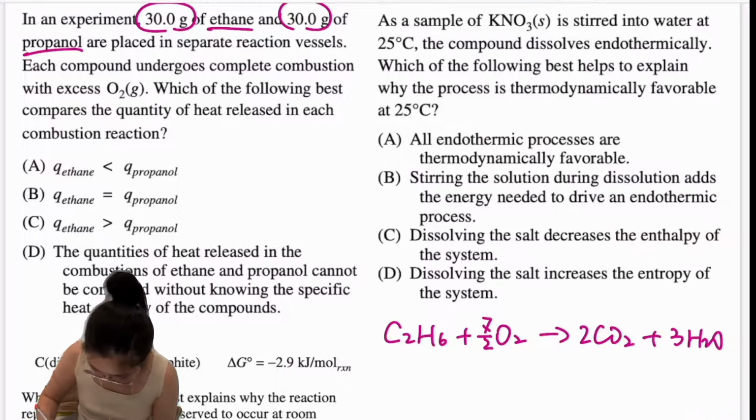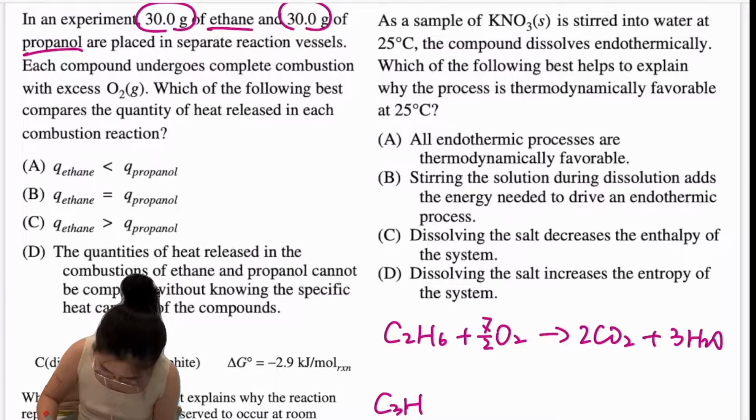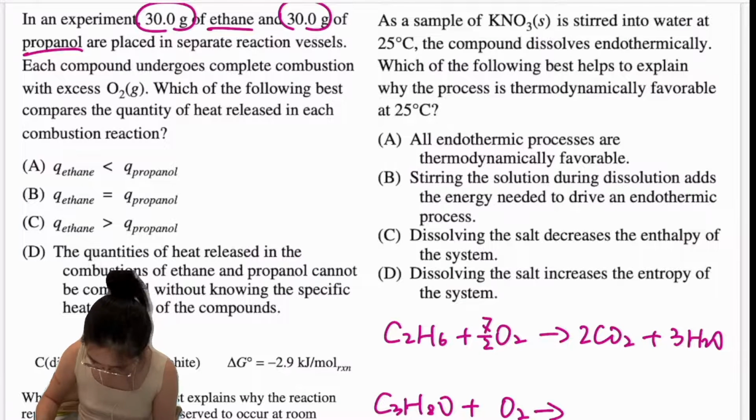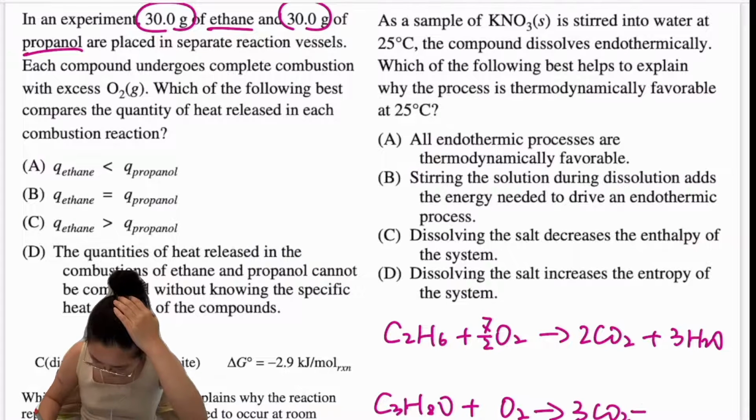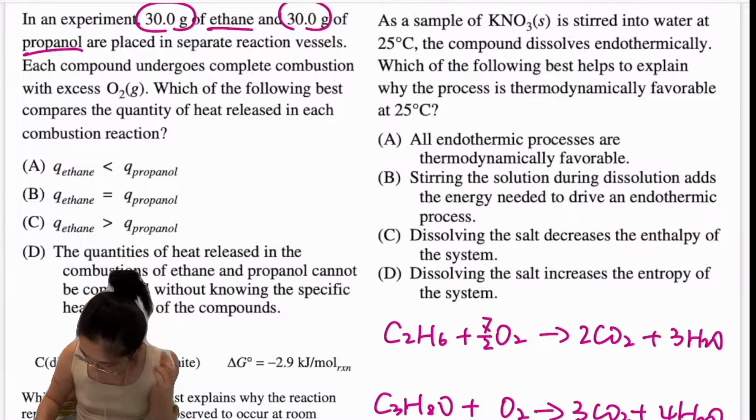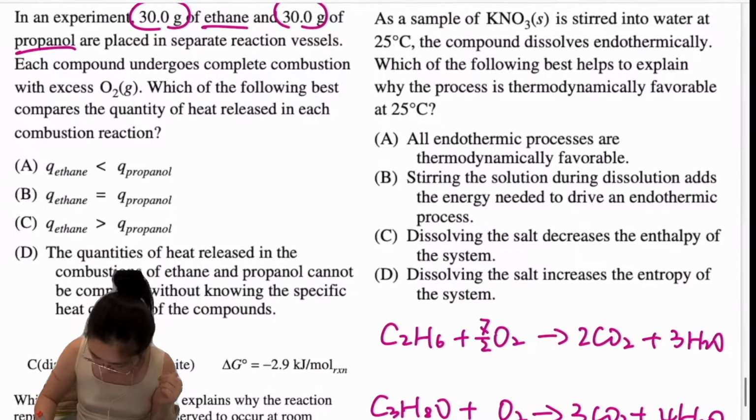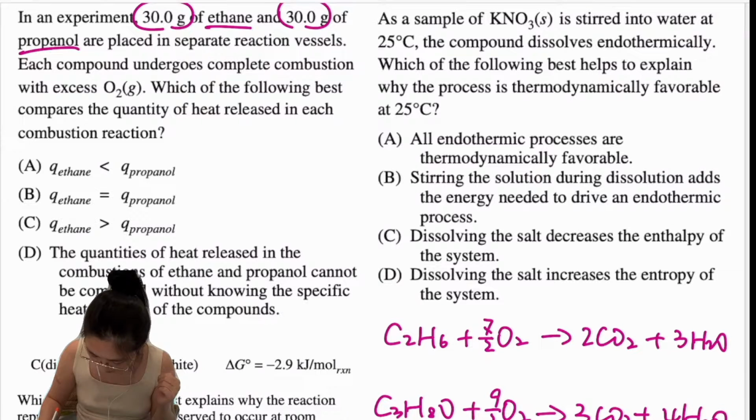So propanol should be C3H7OH, eventually C3H8O, with oxygen giving 3 CO2 and 4 H2O. And then 4 plus 6, 10, so it should be 9 over 2 oxygen here.